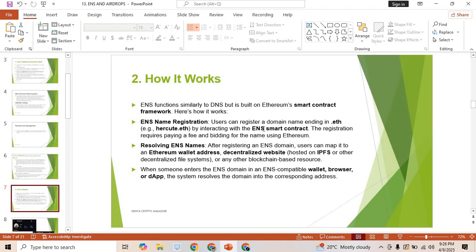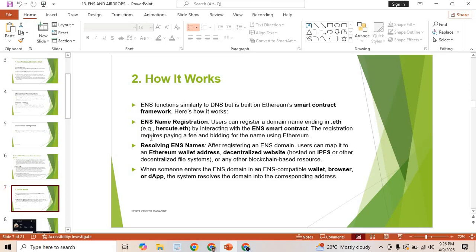By interacting with the ENS smart contract, the registration requires paying a fee. Remember, we said the same about kenyacryptomagazine.com. We said that if you want to register a domain name the centralized way, you need to pay a small fee, and you have seen it is normally annual, meaning yearly.